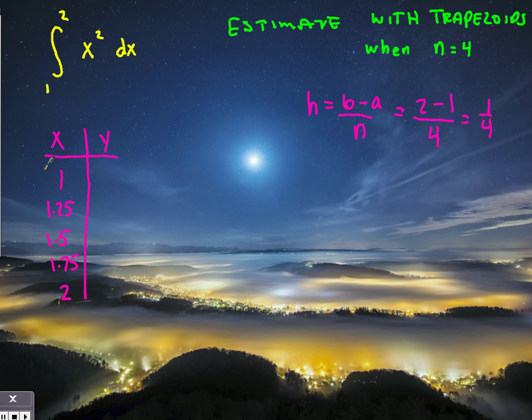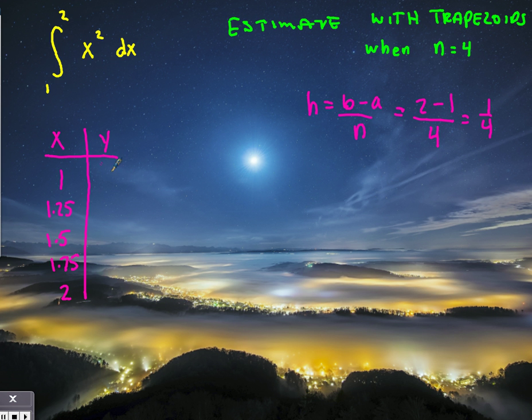That's going to give me my 4 trapezoids. The first trapezoid is going to be from 1 to 1.25. The second trapezoid is from 1.25 to 1.5. The third trapezoid is from 1.5 to 1.75. And the last trapezoid, the fourth trapezoid, is from 1.75 to 2. I now need to find the y values. If the function is x squared, I'm going to plug in these x values to get the y values.